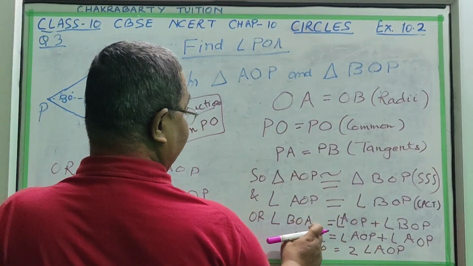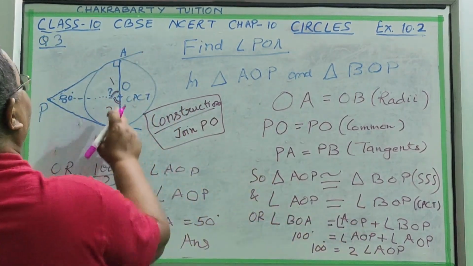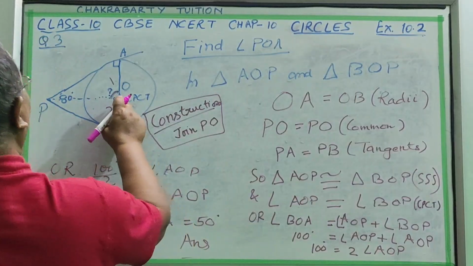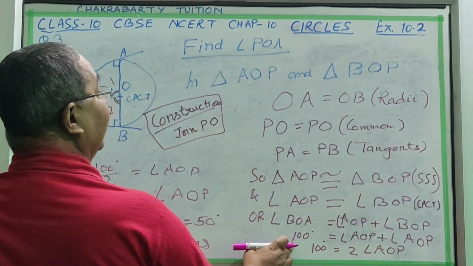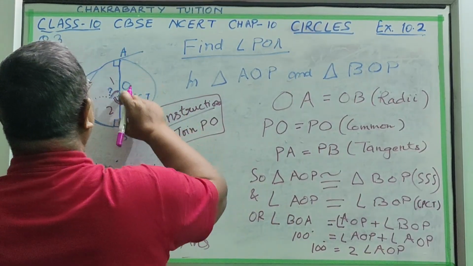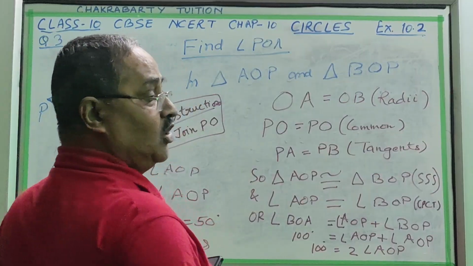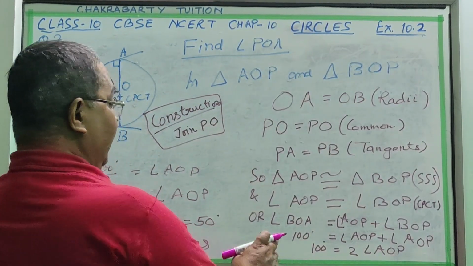BOA is made of how many triangles? It is made of AOP and BOP, these two triangles. Here, 100 we have proved previously using the angle sum property of the quadrilateral.